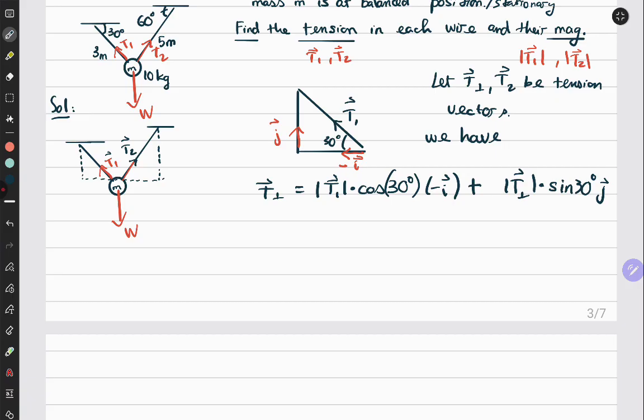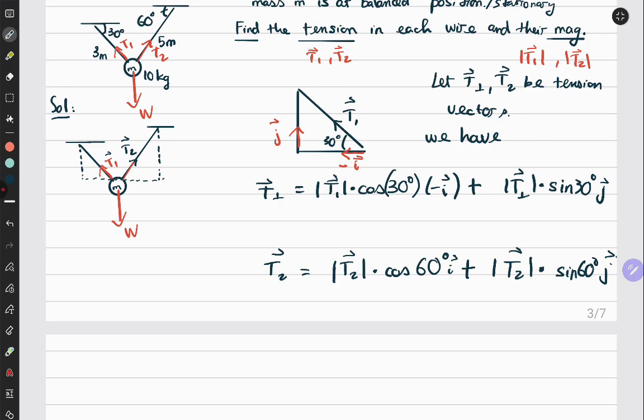Okay. T2 similarly. Magnitude T2 multiplied by cosine of this time is 60 degrees, plus magnitude T2 multiplied by sine 60 degrees. This would be I, this would be J. All right.